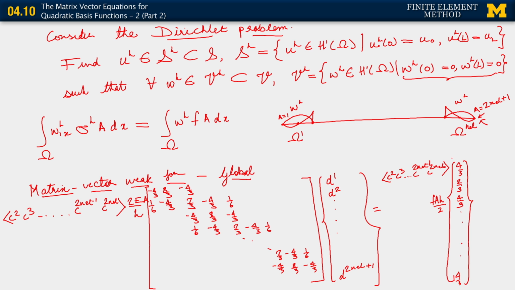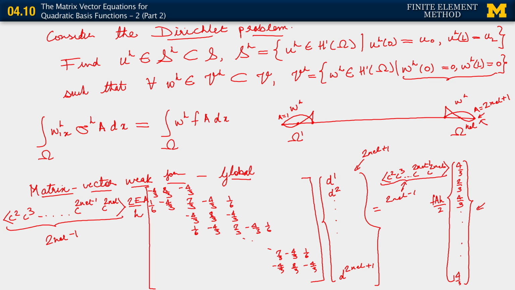Let me point out something about dimensions. This vector is 2NEL minus 1. This vector, as before, is 2NEL plus 1. This vector is 2NEL minus 1, just like the C vector on the left-hand side, because it is the same.